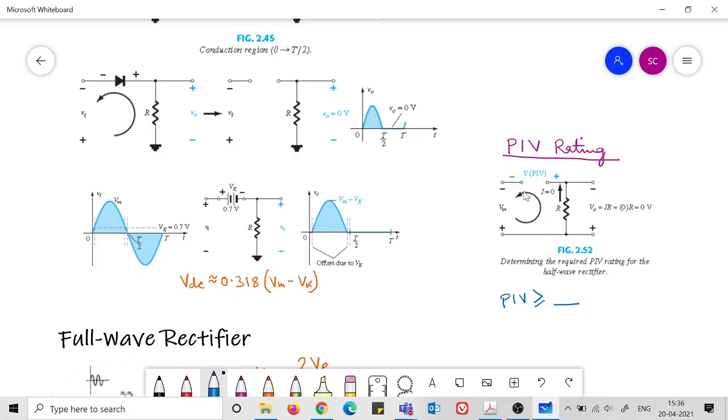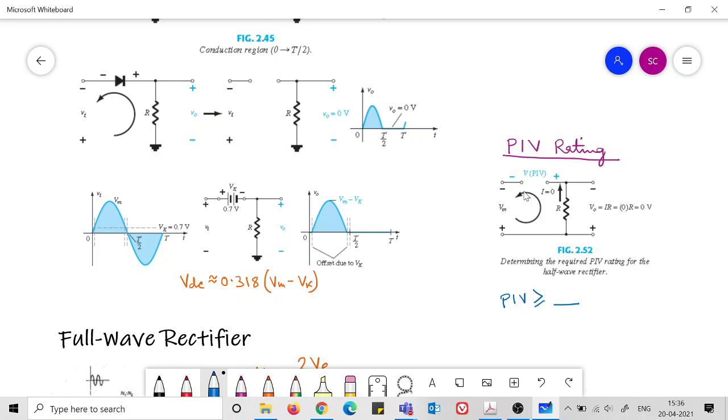The maximum negative voltage on the input side, which is creating this reverse bias condition, is minus Vm. So that minus Vm is drawn here. And what is the voltage across this resistor? It is 0 volt, because no current is flowing.